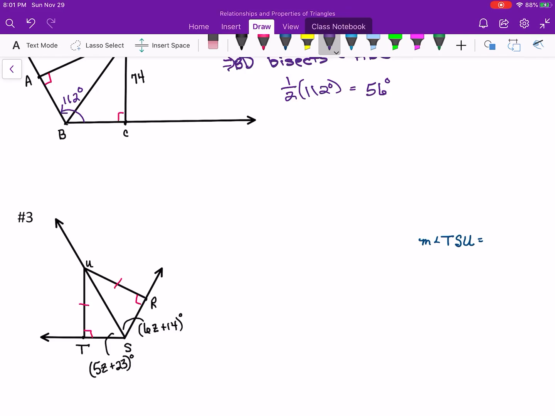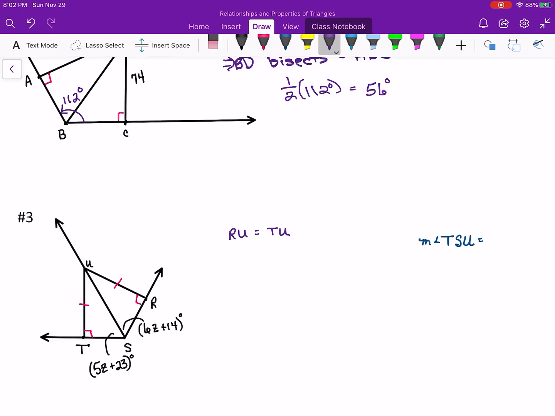Let's see, from the picture, we can see that RU is the same measure as TU. We don't know what it is, but it's marked with hash marks. That is the distance from point U to those two segments.